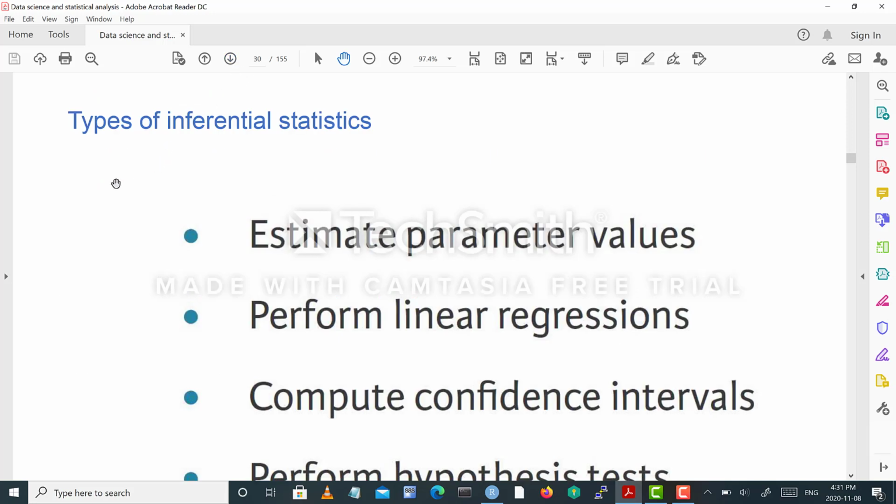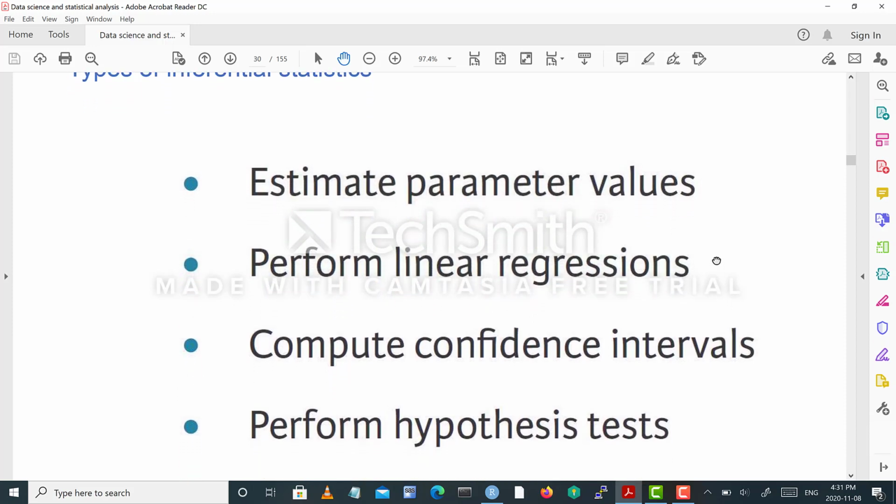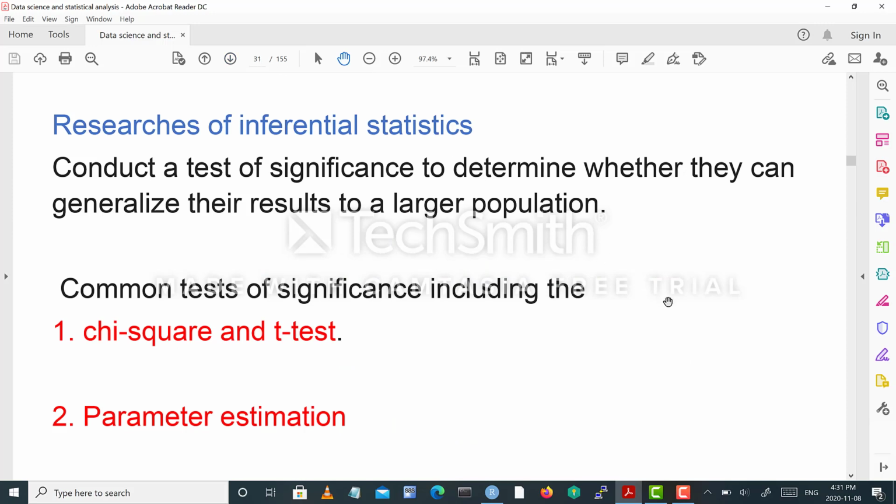Types of inferential statistics: estimate parameter values, perform linear regressions, compute confidence intervals, and perform hypothesis tests. Research of inferential statistics: conduct a test of significance to determine whether they can generalize their results to a larger population. Common tests of significance include chi-square and t-test and parameter estimation.